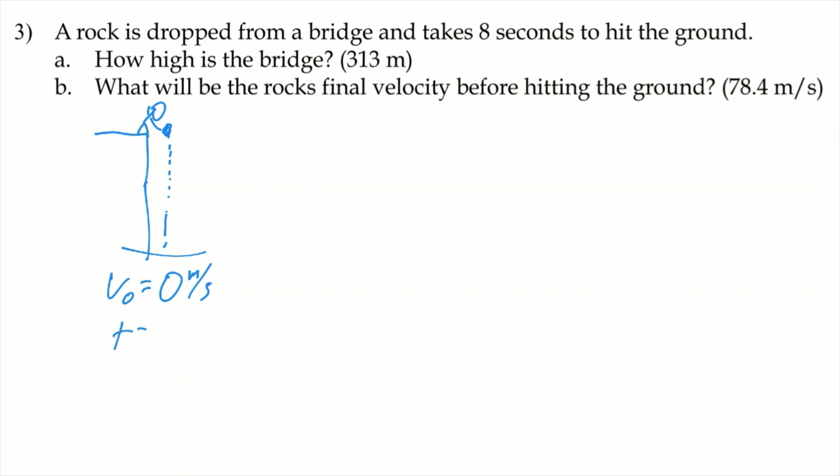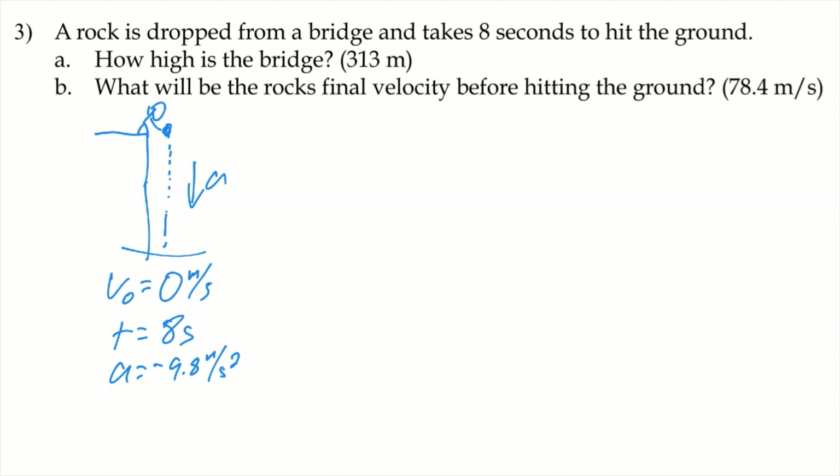The time is given, that's 8 seconds, right? And then it's in free fall, so we know the acceleration, it's going to accelerate downwards. So we're going to say acceleration is negative 9.8, and again, the negative is just telling us that we're moving down, accelerating down. All right, there's our 3 givens.